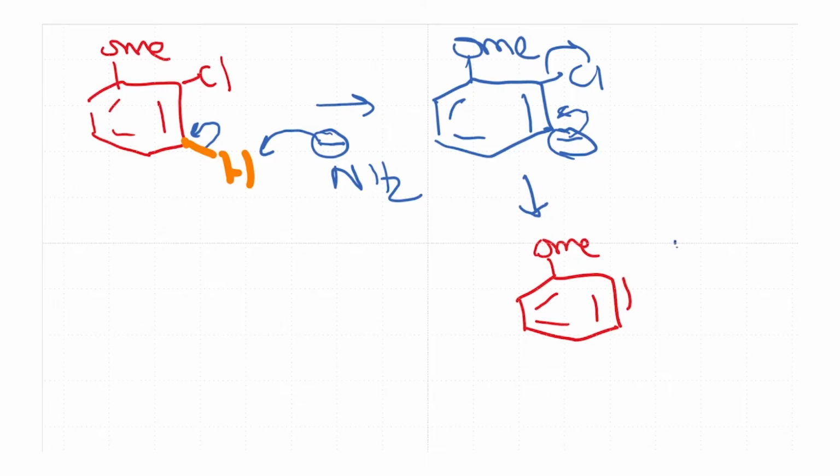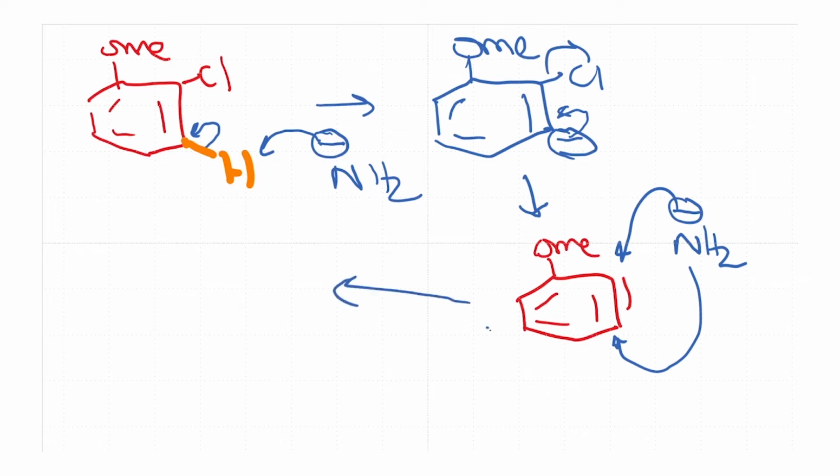Now there are two possibilities. NH2 minus can attack from this side or it can attack from here. Okay. So this is going to give us possibly two products wherein you have a 1,2 attack or a 1,3 attack. That is, with respect to the methoxy group, the attack happens either at the 2 position or at the 3 position.